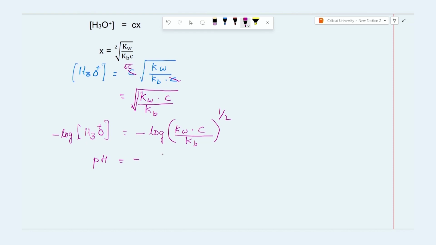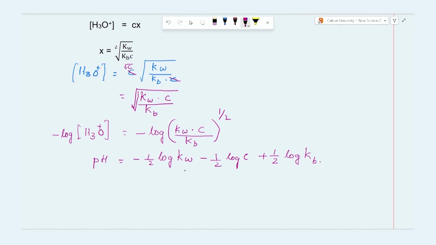And this side I can make it as pH is equal to minus of half log Kw, again for this minus of half log C. So, numerator is over, it comes minus of minus Kb, so that will be plus half into log Kb.